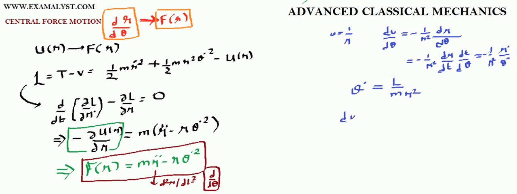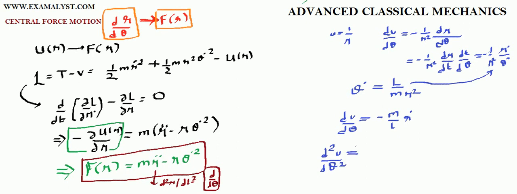So du by d theta in terms of angular momentum is now minus m by L r dot. Okay, because we have used this here. Now square it. What will be the value of d square u divided by d theta square from here? Remember, m and angular momentum are constant.